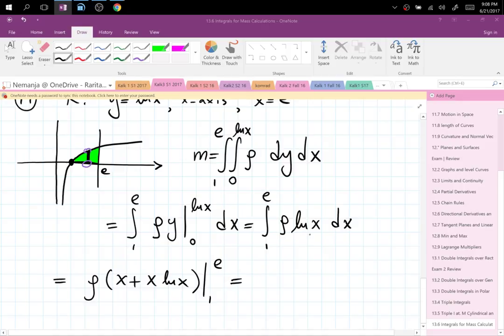Because you have to use integration by parts, right? I'm trying to remember. Is this x here for the... Yes, yeah, it is, right?